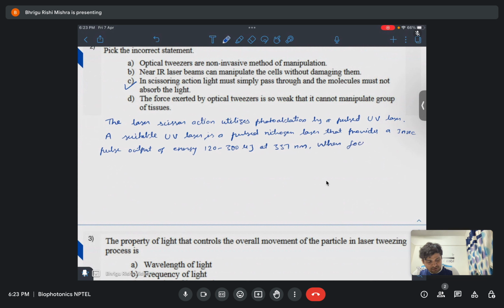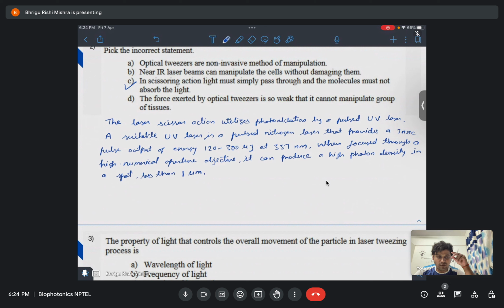When focused through a high numerical aperture objective, it can produce a high photon density in a spot that is less than 1 micrometer.